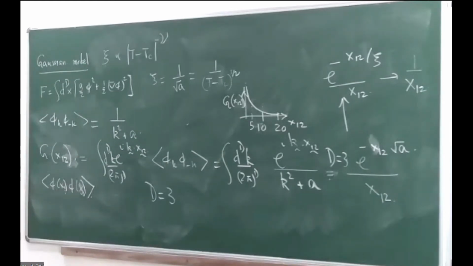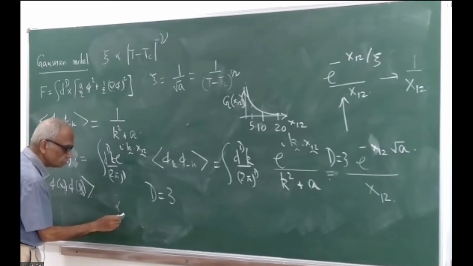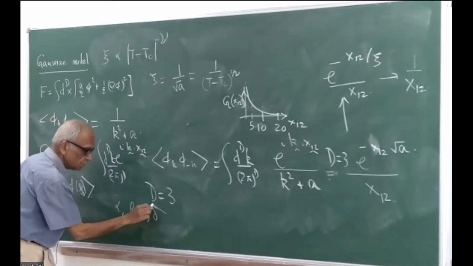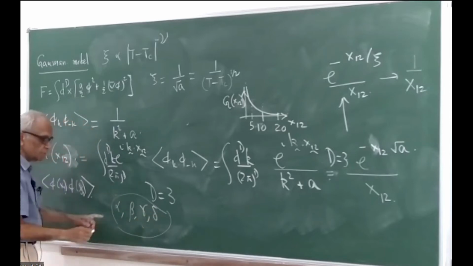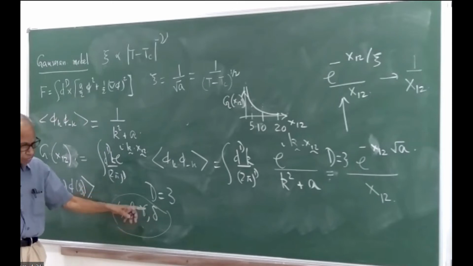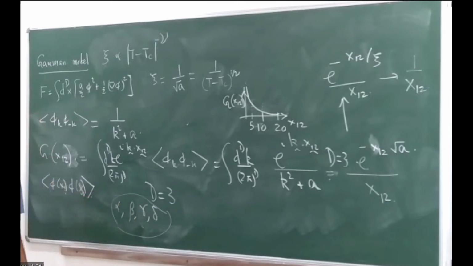So we have introduced something new. Till now we have talked about alpha, beta, gamma, delta, right? Specific heat, magnetization, susceptibility, and at T equal to Tc, how does M depend on H? Now you have a new one.